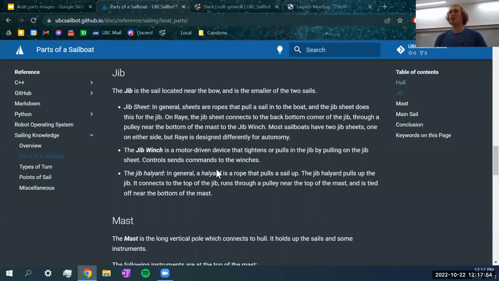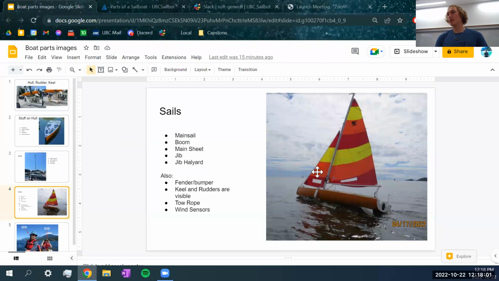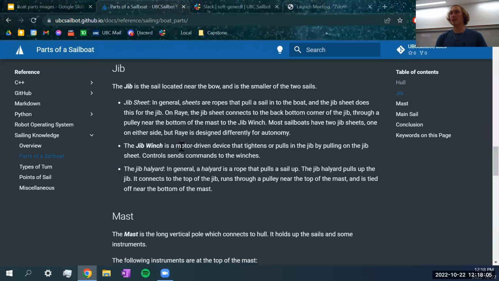So next we have the jib. That's just the smaller sail in front. So here we have the jib in front, and then attached to the jib, there's a jib sheet. A sheet is just any rope that pulls a sail into the boat and keeps it tight. And then the jib winch is like the actuator that actually pulls on the jib sheet to tighten the sail.